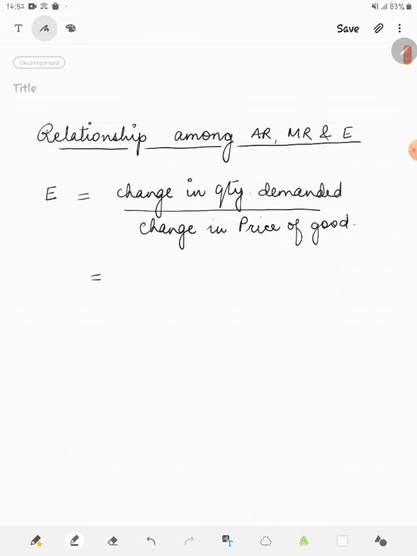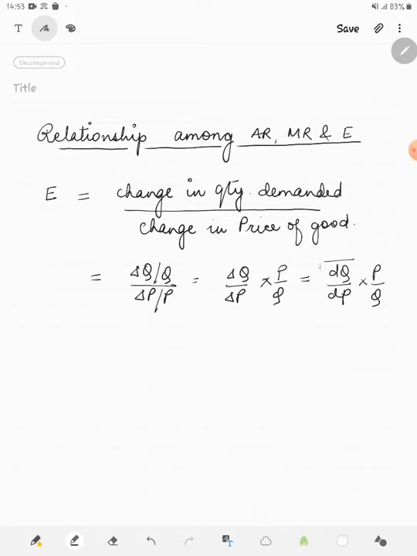So this is mathematically written as delta Q by Q divided by delta P by P, or delta Q by delta P into P by Q. This can also be written as dQ by dP into P by Q. dQ by dP means we are trying to find the change in one variable, that is quantity, with respect to the other variable, price.